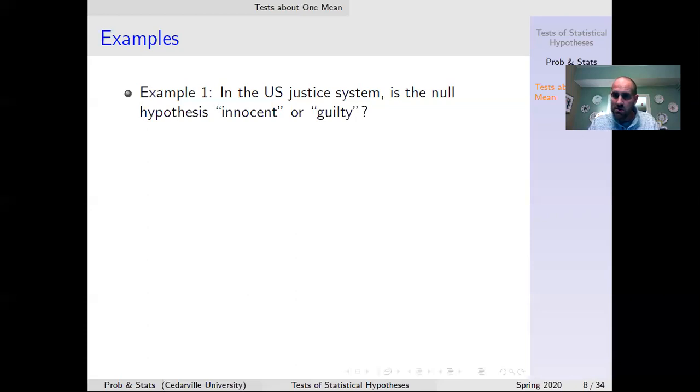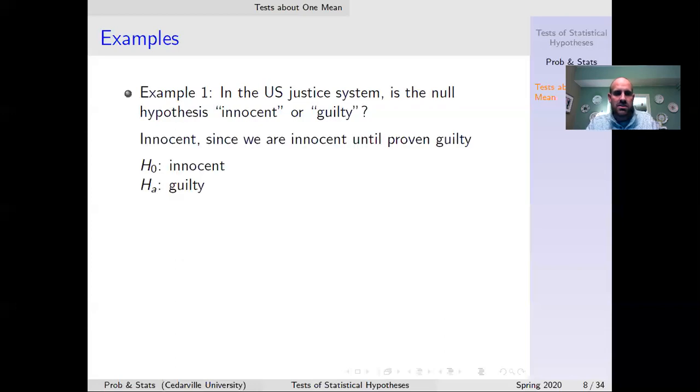So you start under the null hypothesis that the person is innocent. So you kind of assume they are innocent until proven guilty. So you work under the assumption of innocence until the evidence becomes so compelling that that no longer seems like a rational thing to do. Then you reject the null and revert to the alternative, namely guilty, okay?